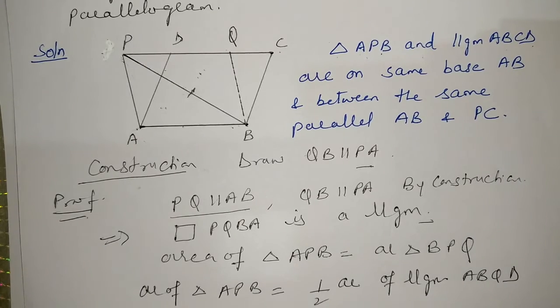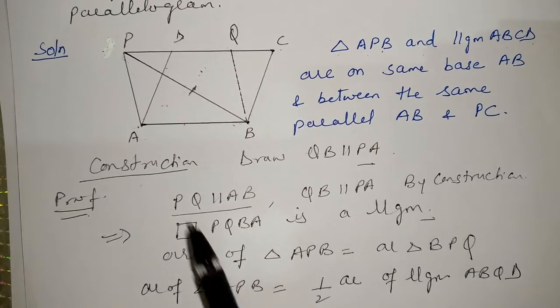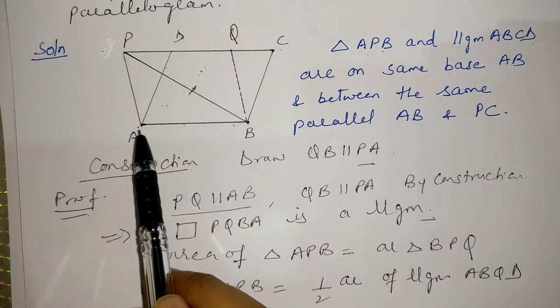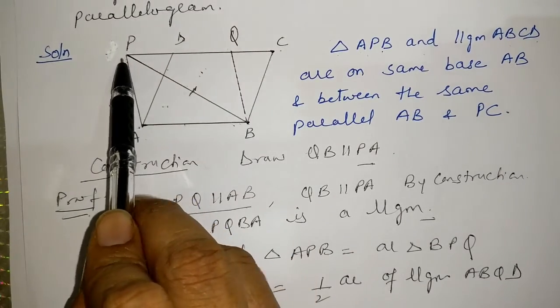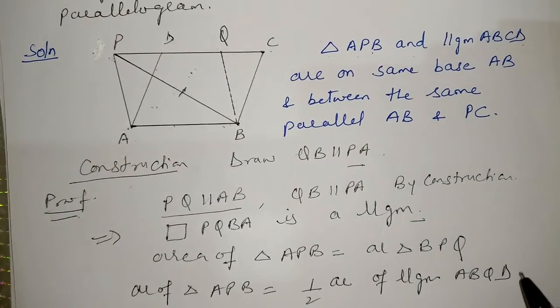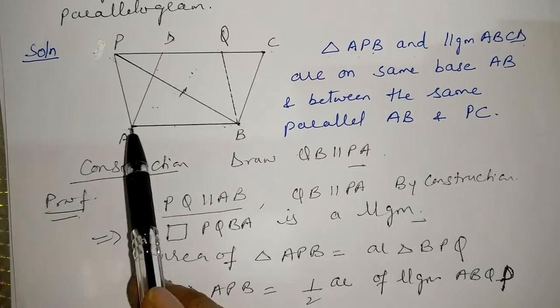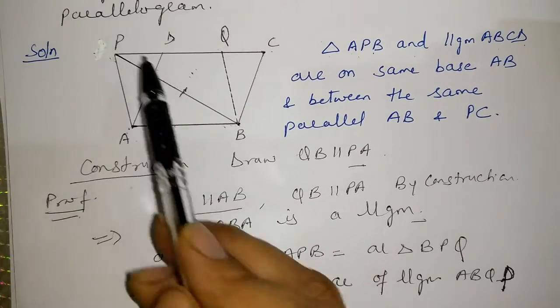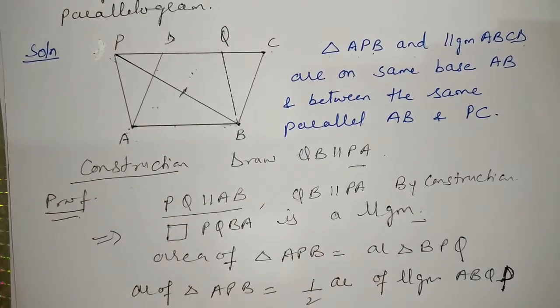Now if you recall the theorem which we did just before, the theorem was, area of parallelogram ABQP and parallelogram ABCD are equal in area. Sorry for the mistake earlier, it is ABQP and not ABQD.